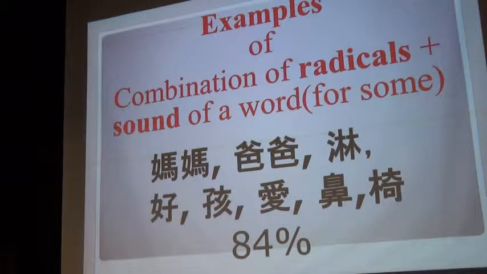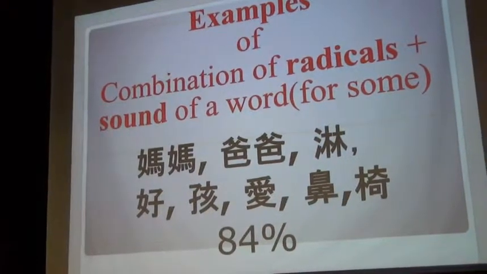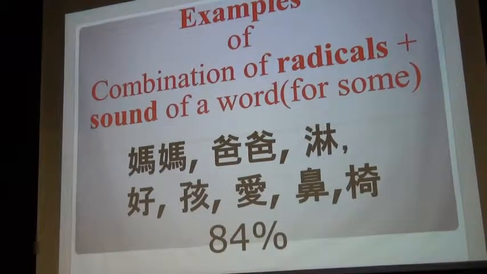And the right side is ma, right? Horse. We are borrowing the sound of the horse and combining it with the radical, the root word nu, because mama is woman. That's ma, okay? So these types of words make up 84% of Chinese characters.